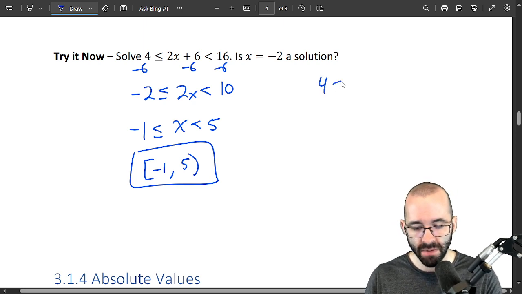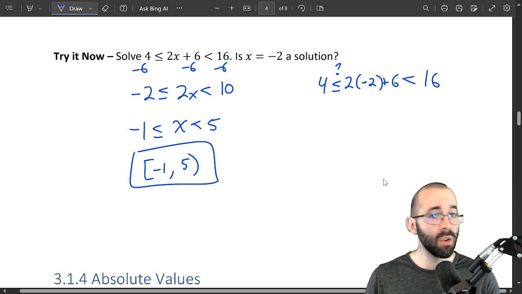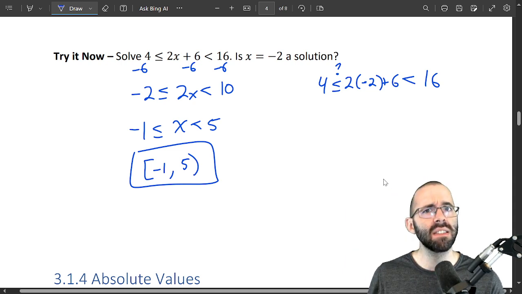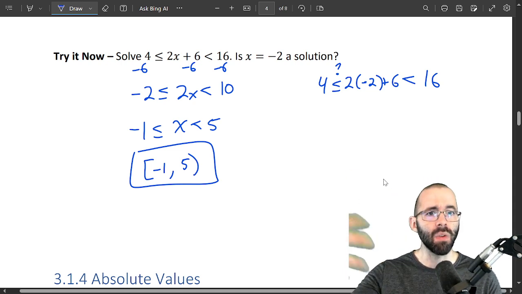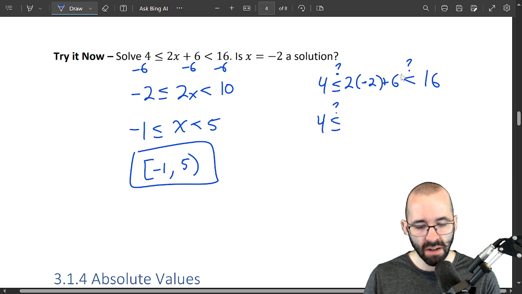But let's check. Is 4 less than or equal to 2 times -2 plus 6? And is that strictly less than 16? If either one of these fails, it's not a solution, just like a system of equations, right? We had to satisfy both. So we'll write a question mark there. Is 4 less than or equal to -4 plus 6, which is 2?